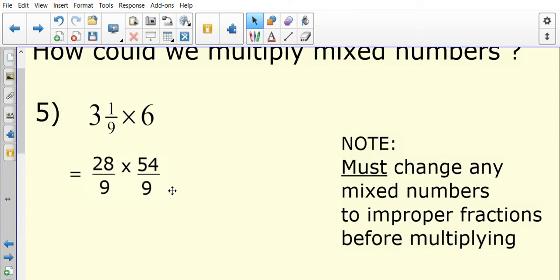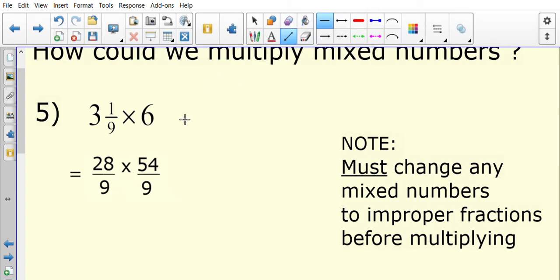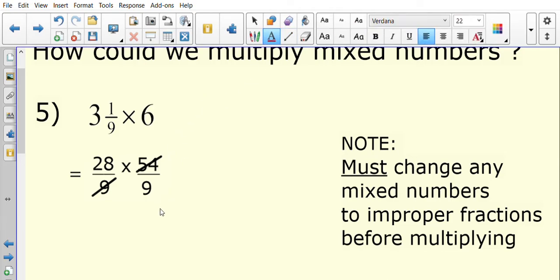And what you'll also notice is that I've changed 6 to 54 over 9. You don't have to do that, you can leave it as 6 over 1, or you can change it to 54 over 9. Leaving it as 6 over 1 is where you're going to get to here, because what we can see is 9 and 54 are obviously both divisible by 9.